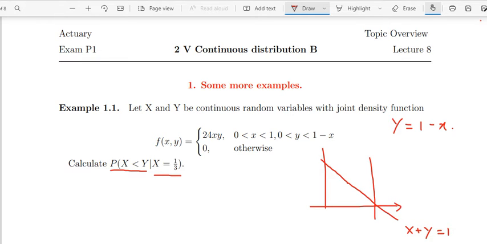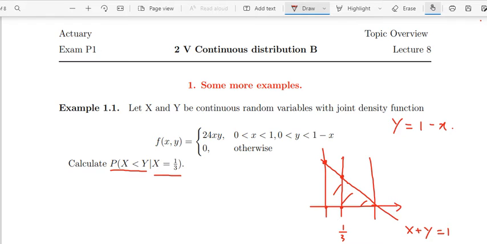So we know the region is this triangle, right? When x equals 1 over 3, y is from 0 to 2 over 3. Under this condition, y is between 0 and here.